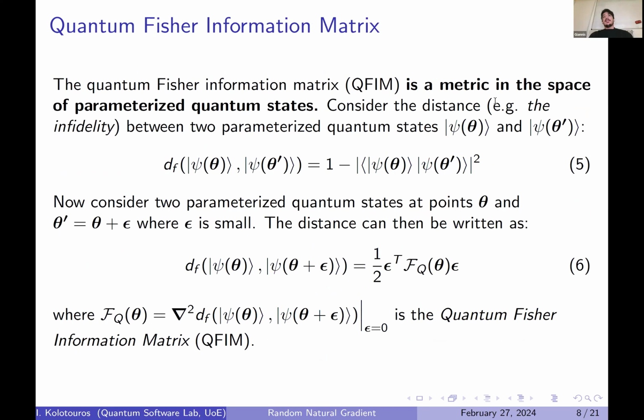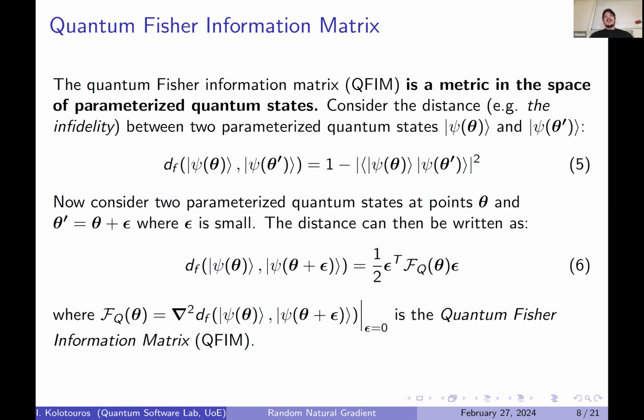Now, what is a quantum Fisher information matrix? The quantum Fisher information matrix is a matrix in the space of parameterized quantum states. Consider the distance between two parameterized states, psi of theta and psi of theta prime. Then the infidelity is defined as equation 5.